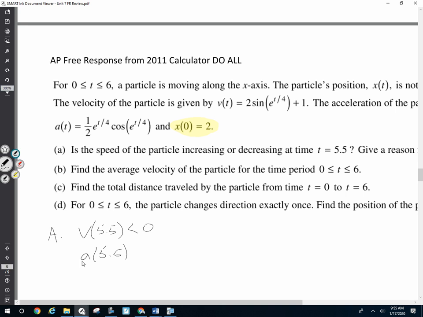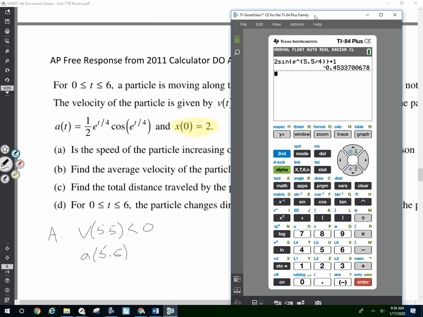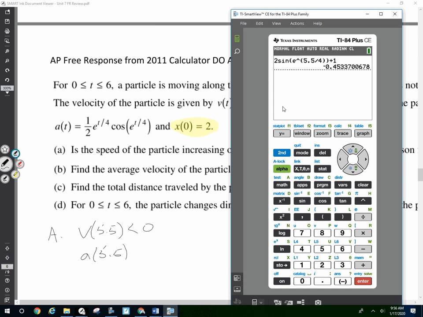It's nice that they gave you the acceleration. I could also literally just take the derivative of that with respect to x at 5.5, and I'll get the same value.